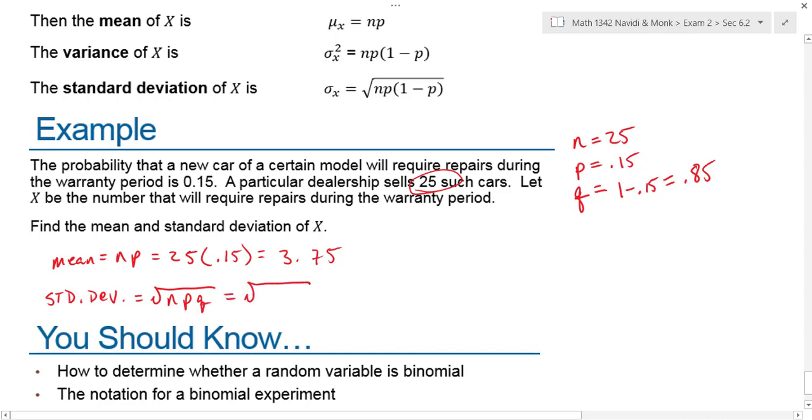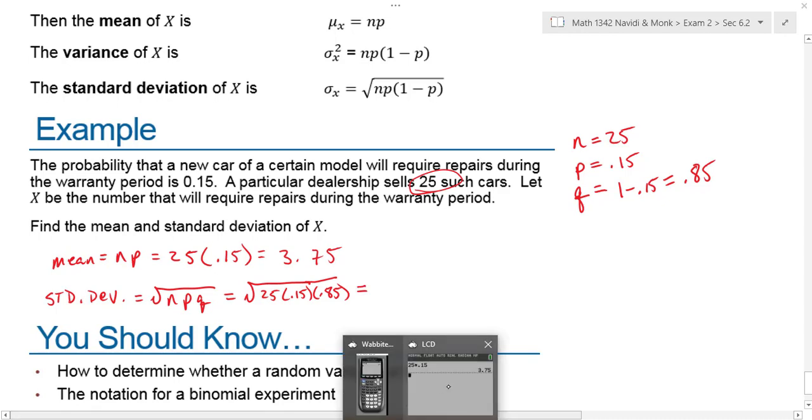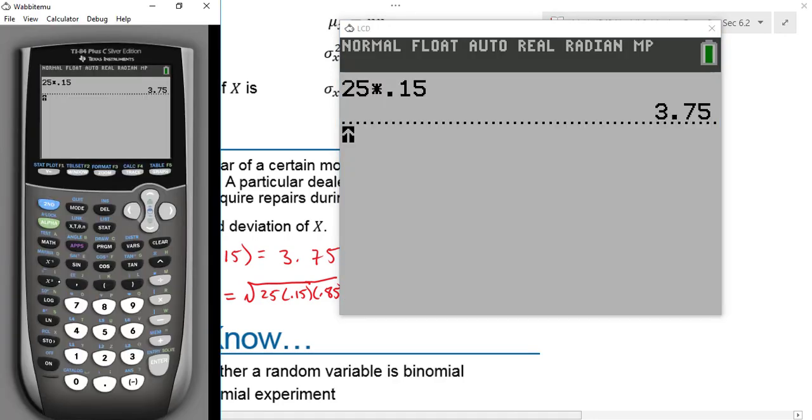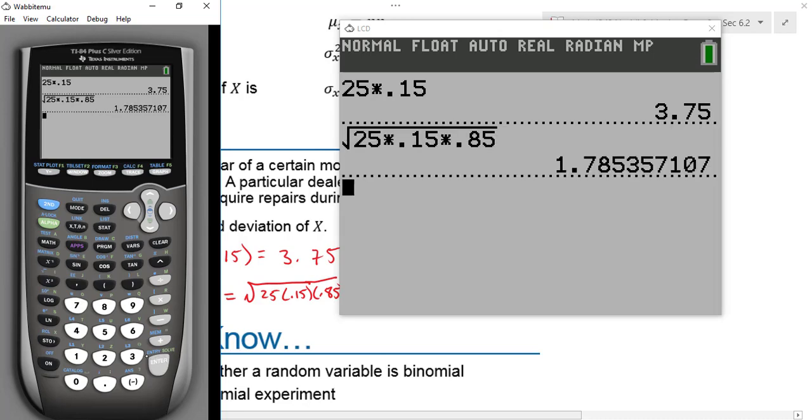So that's going to be the square root of 25 times 0.15 times 0.85. 0.85 is the probability of failure. So we go to our calculator and we hit second square root of n times p times q, enter, and we get the standard deviation is 1.785.